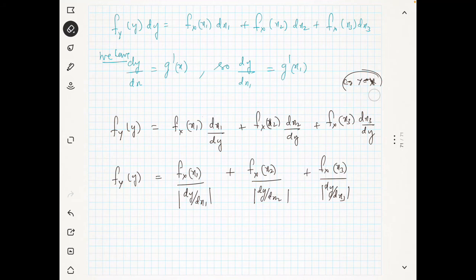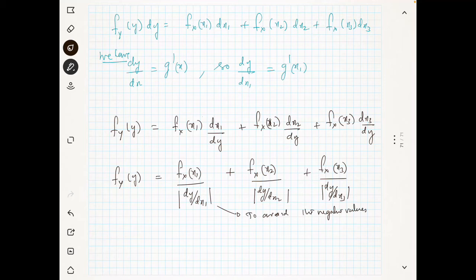By the axioms of probability theory, the PDF will never take a negative value. So we will take the absolute value to avoid negative values for the PDF.